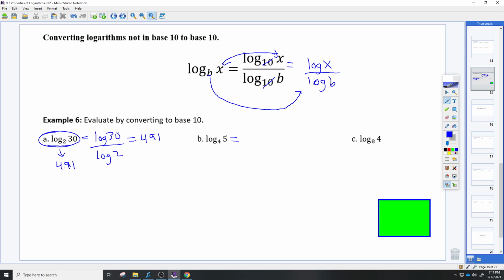I'm going to try two more. So log base 4 of 5 would be log of just the number 5 divided by log 4. I'm just following this, trying to change it to this over here. Again, I'll type them both in so you can see.